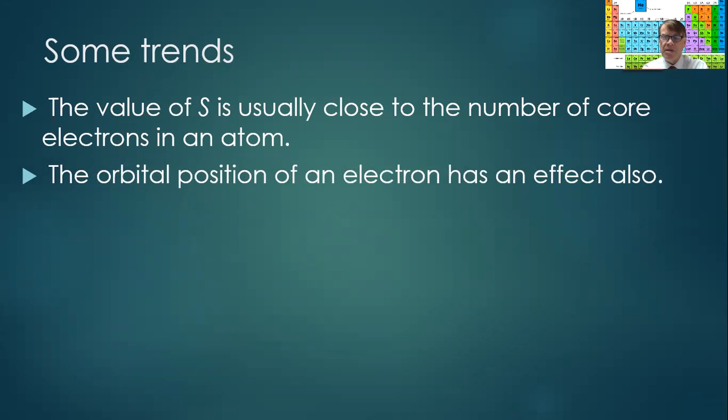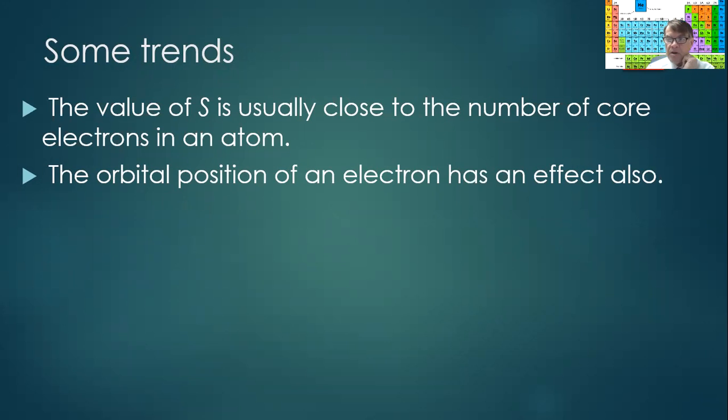Now, the orbital position of that electron has an effect too, because as you know from chapter 6, electrons aren't really particles. They're a probability distribution wave. Well, I mean, they're particles and wave. Anyway, who knows? That's the big quantum question, isn't it? But the probability distribution that we call an electron forms different shapes.